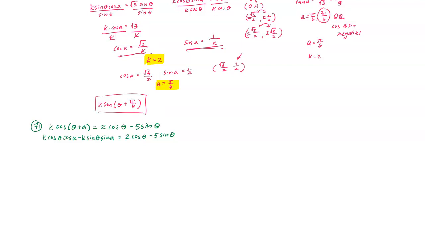Let's see. So we have a cosine of theta and a cosine of theta, and sine of theta, sine of theta. First term goes with first term. So k cosine of theta cosine of A equals 2 cosine of theta. And then we have a negative k sine of theta sine of A equals negative 5 sine of theta.